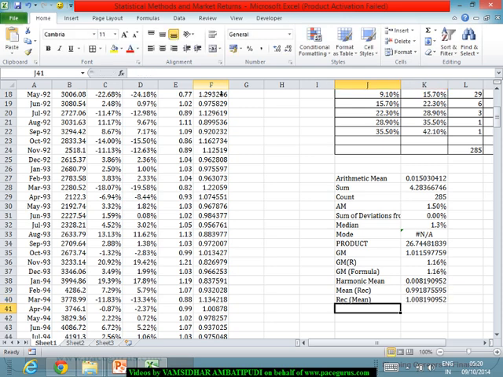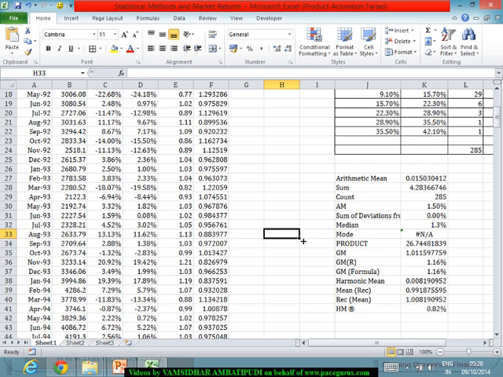So this comes out as my harmonic mean for 1 plus r. I can convert it into the harmonic mean of r by subtracting 1 from this. So overall the harmonic mean is working out as 0.82% here.